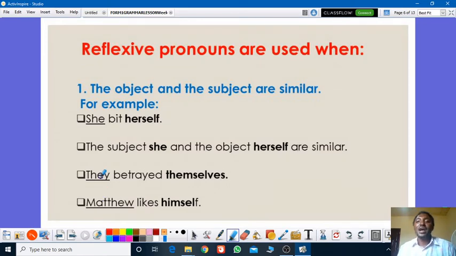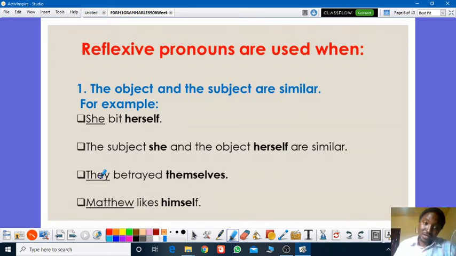Reflexive pronouns are used, number one, when the object and the subject are similar. For example, she beat herself. That's number one, how and when reflexive pronouns are used.